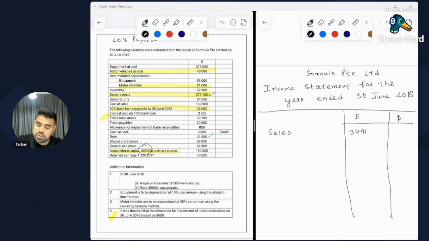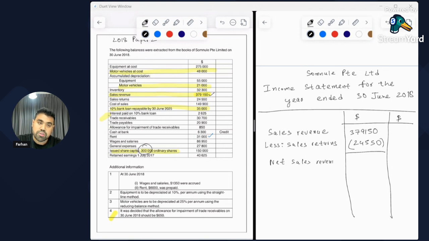Always remember to subtract the sales returns from the sales to get the net sales. So sales revenue is 379,150 minus the sales returns, which is 24,550. So when you subtract the total for sales returns from sales revenue, we arrive at net sales revenue.